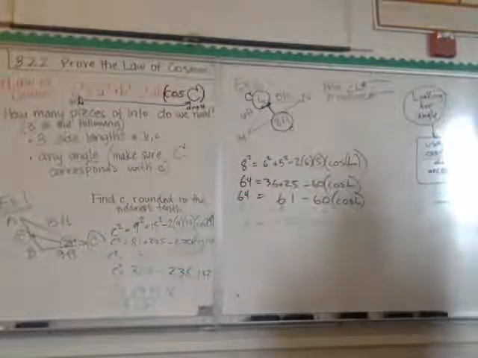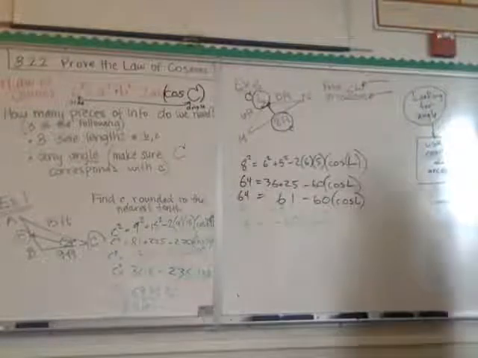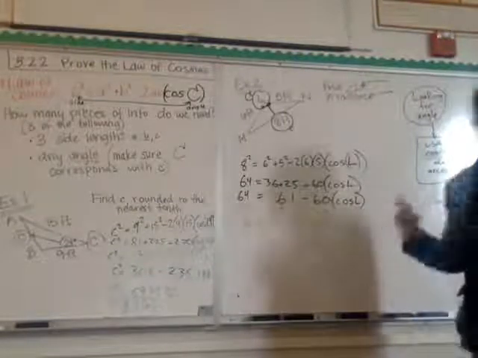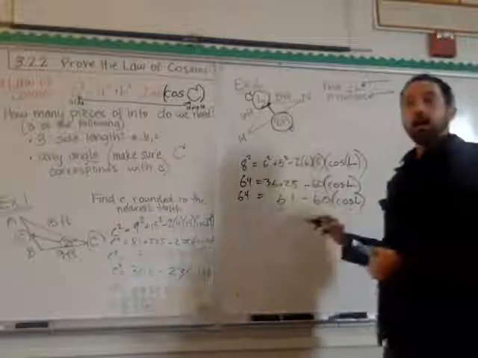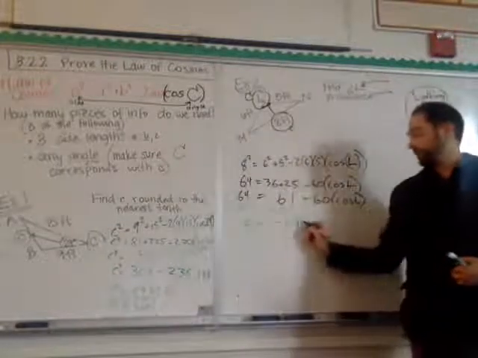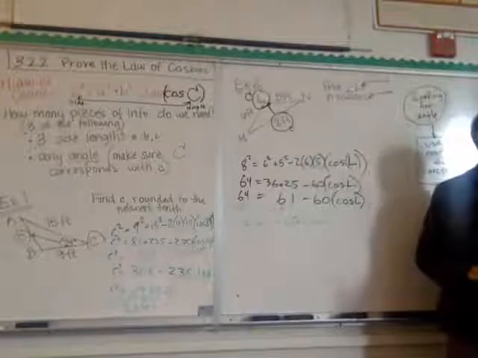Then you divide. Everyone okay with how I got there? How do I get to the cosine of L when I have that last thing here? I have a question.